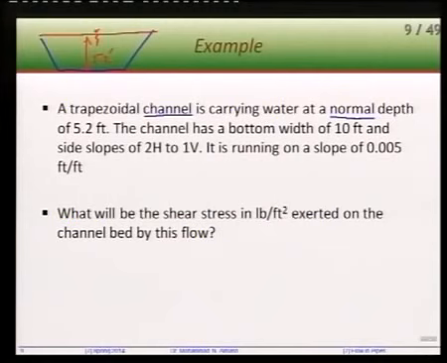The channel has a bottom width of 10 feet. So this distance (10 feet), and side slopes of 2 horizontal, 1 vertical. That means this is 2, 1. What does that mean?